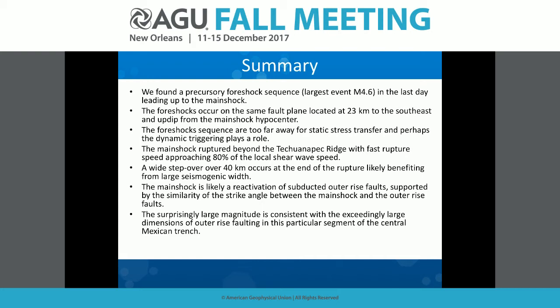Right, well, the main shock has this finite source effect, so the waveforms are much more complicated. But we were able to do a cross correlation and do a relative earthquake relocation. So in terms of the arrival times of the template and the main shock, they are pretty similar. They're just like 20 kilometers apart.